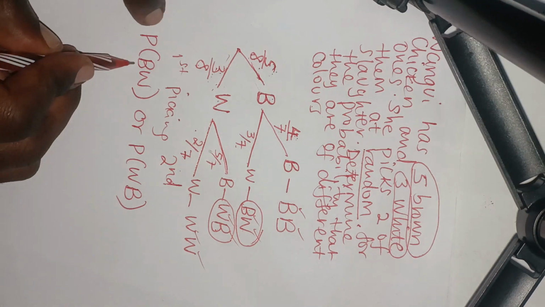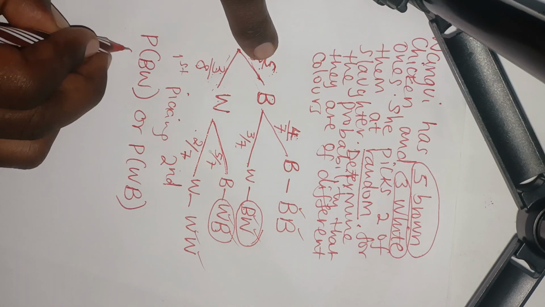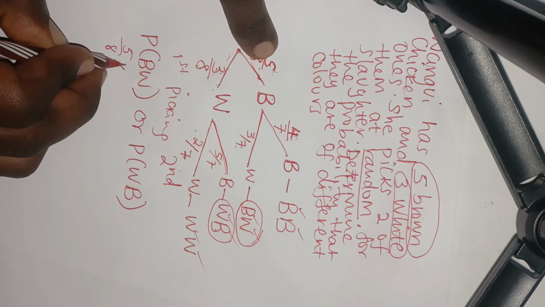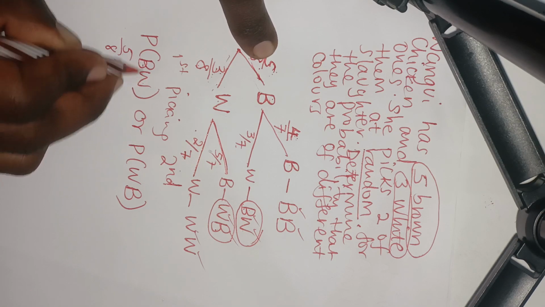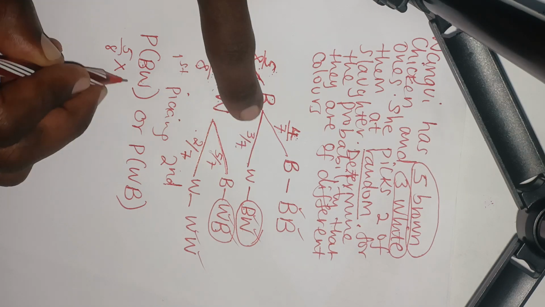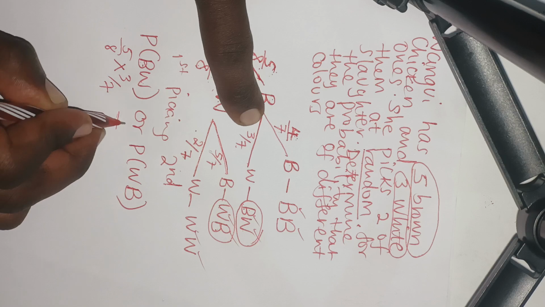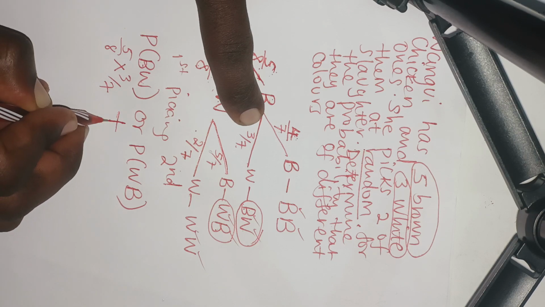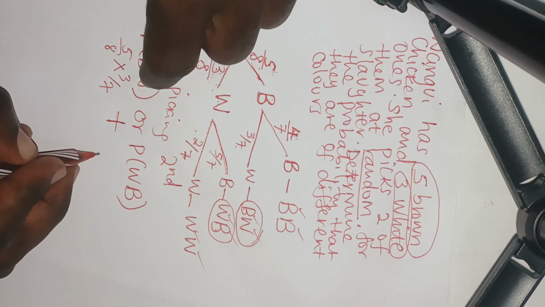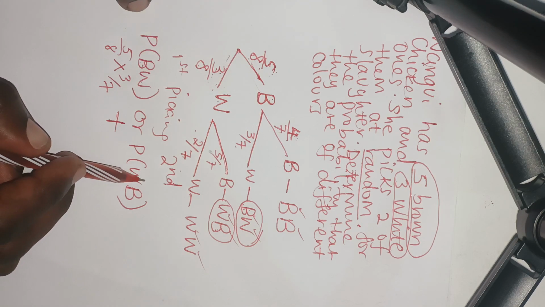So we'll begin. Brown, 5/8 multiplied by, between these two there's a multiplication, then white, 3/7. Okay, or means plus in probability, and means multiplication. So or, that could be the possible outcome for her, or this could be the possible outcome for her.